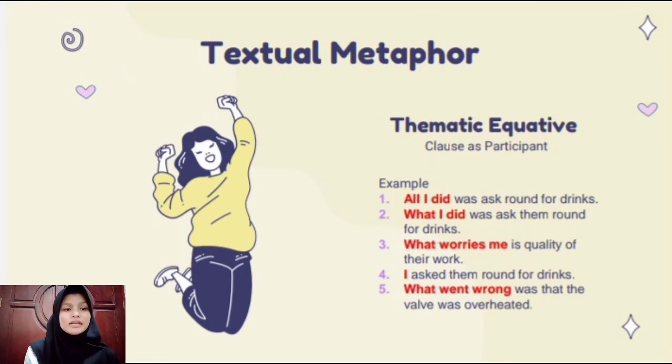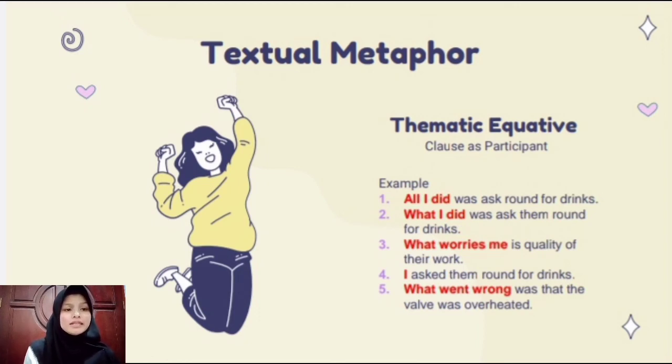Here, the grammatical point of departure is in bold text. It announces at the start to the listener or reader what the message will be about, the reader's or speaker's angle. I'm going to tell you all I did. The rest of the clause is in regular text. Second example is, what I did was ask them round for drinks.